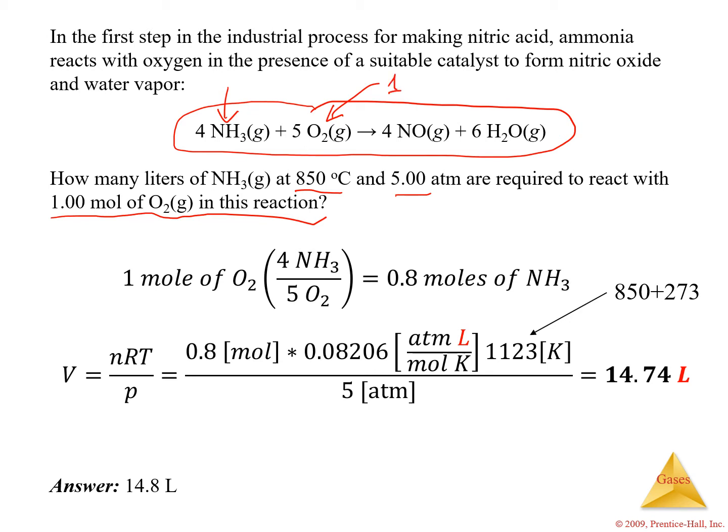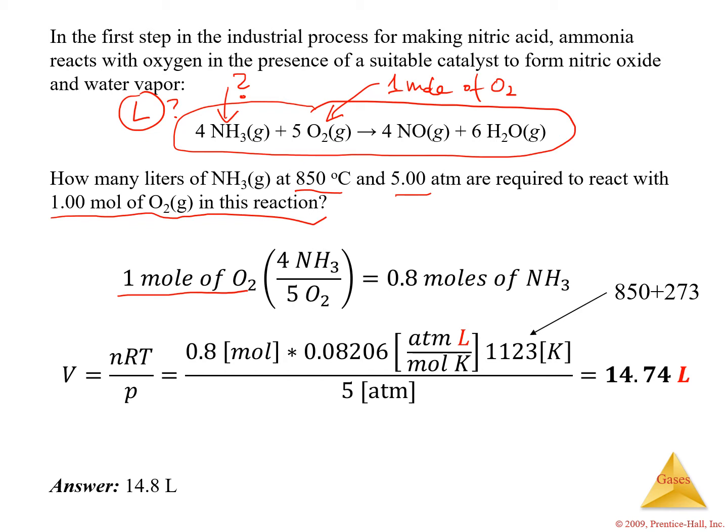We know that we have 1 mole of oxygen, and the question about ammonia is how many liters are required at the specific temperature and pressure. So the starting information is 1 mole of oxygen.